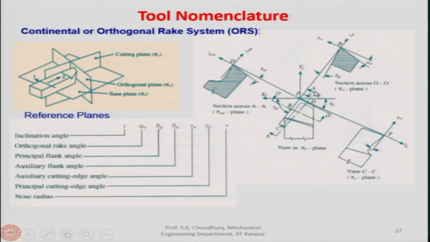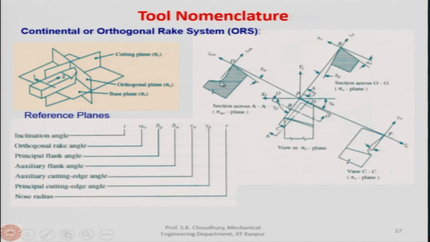We will take another section which will be perpendicular to the auxiliary cutting edge. Perpendicular to the auxiliary cutting edge will be AA, and similar to this, we will have a view like this. In this view, in the auxiliary cutting edge, this is the inclination of the rake face.